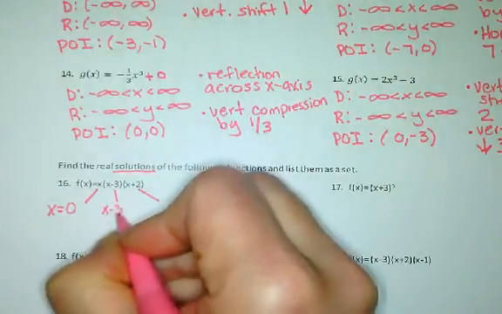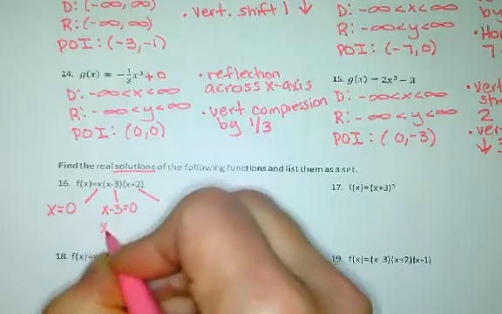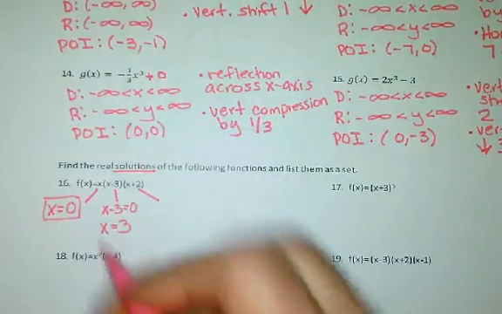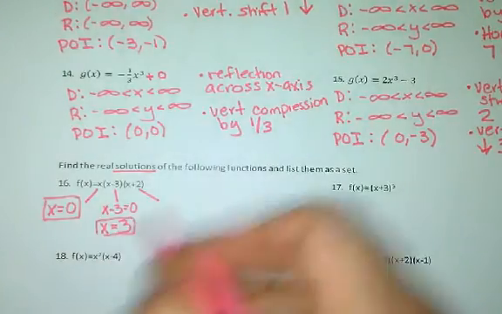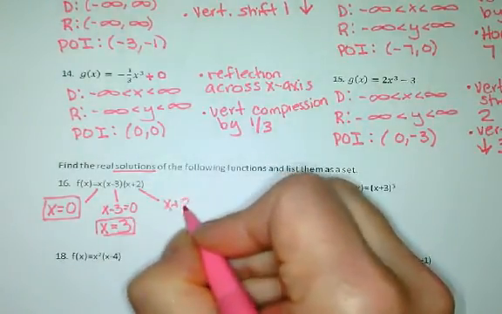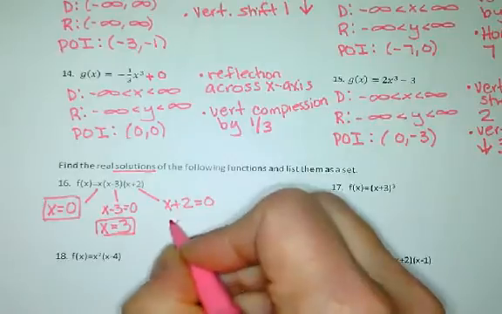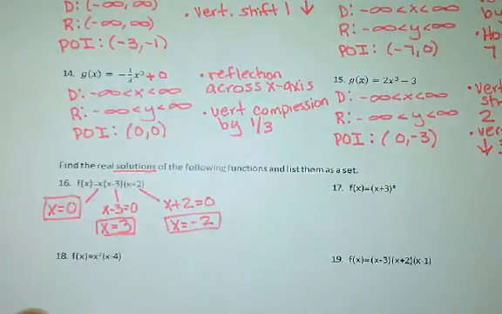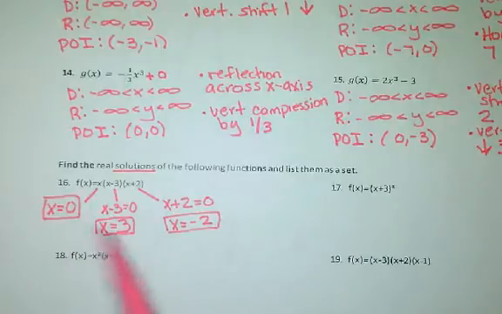Now this one, if I set it equal to 0, that means x would have to equal 3. So far I know this crosses at 0. It's going to also cross at 3. And if I set this one equal to 0, I know x has to be negative 2. So this one will actually cross the x-axis 3 times, at 0, 3, and negative 2.